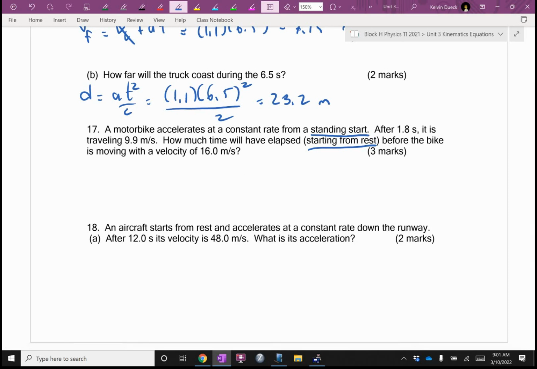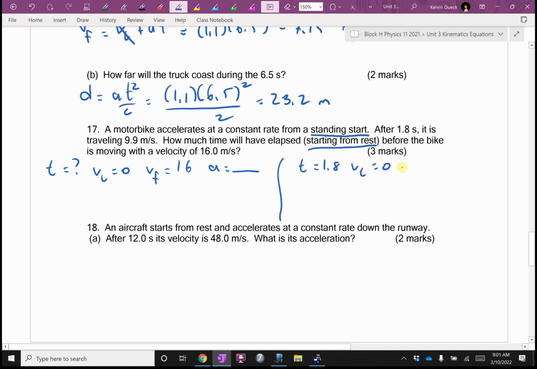We build to it. Anyways, it looks like they want me to find time when VI is 0 and VF is 16. I said to myself, if I could find the acceleration, then I'm good. I went to the beginning of the question and it said when time is 1.8 and VI is 0, VF is 9.9. I went, ha!